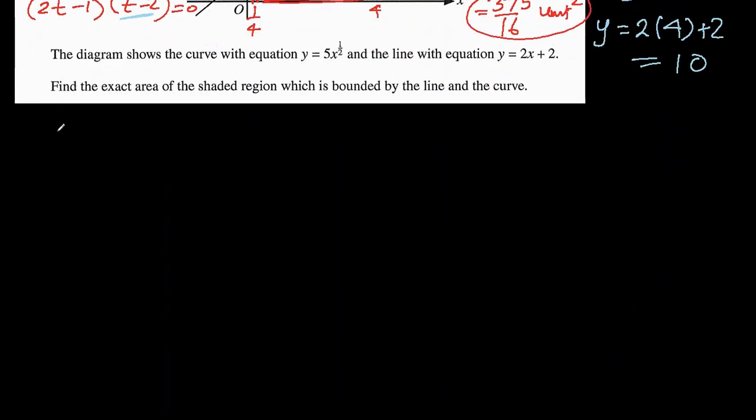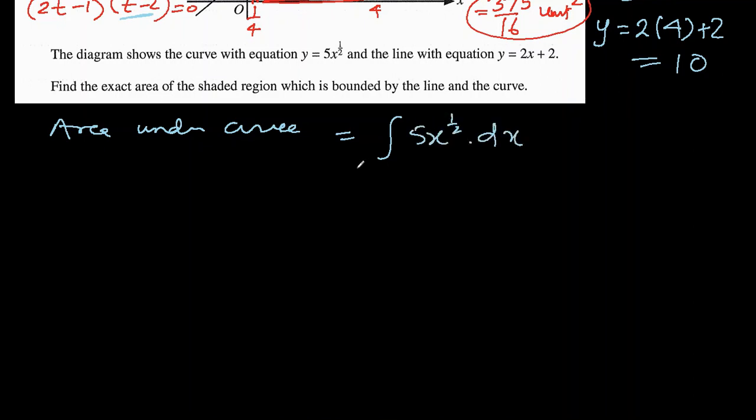So area under curve equals the integration of 5x to the power half dx from 1/4 to 4. That's what we need. So the integration is 5x to the power half plus 1 over half plus 1. We have done this earlier in one of the questions, so no big deal.